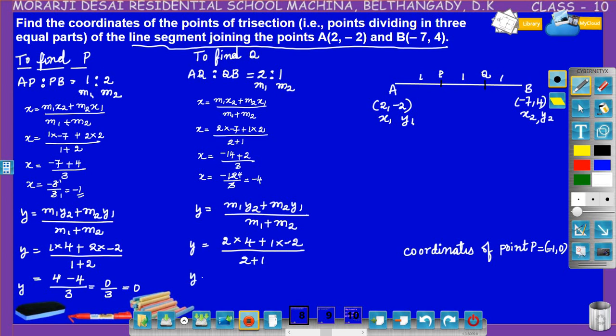So y is equal to 2 4s are 8 plus 1 into minus 2, that is minus 2 by 3. So 8 minus 2 is 6 by 3 is equal to 2. Therefore y is equal to 2.